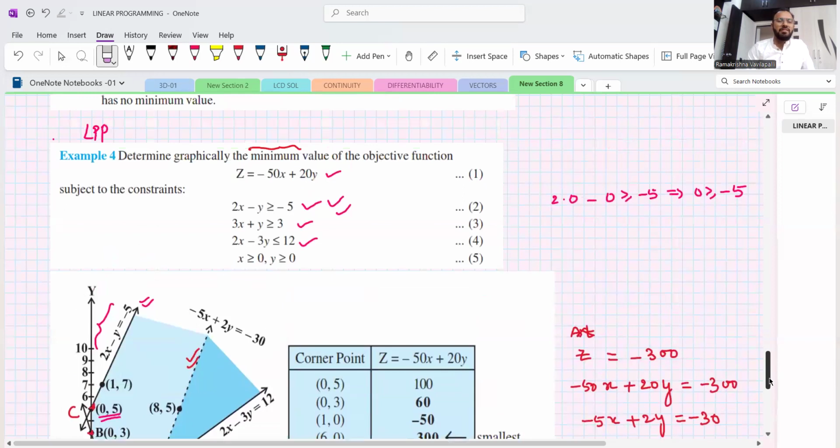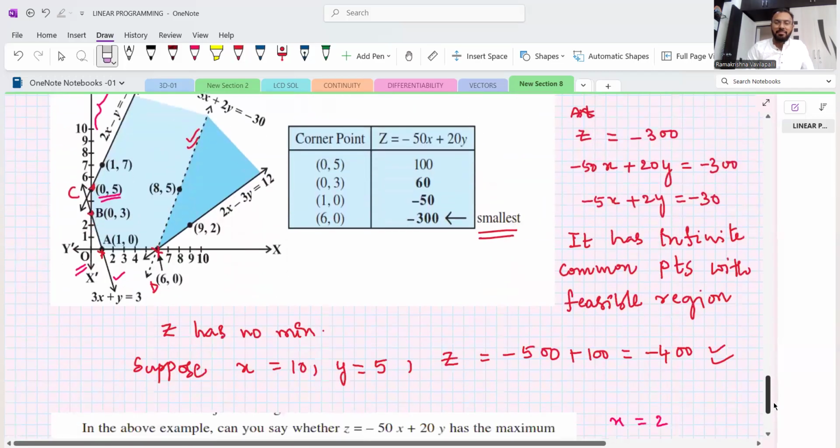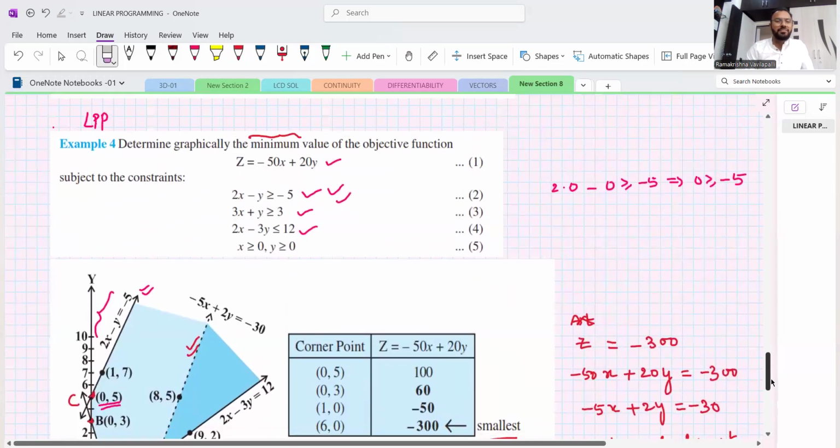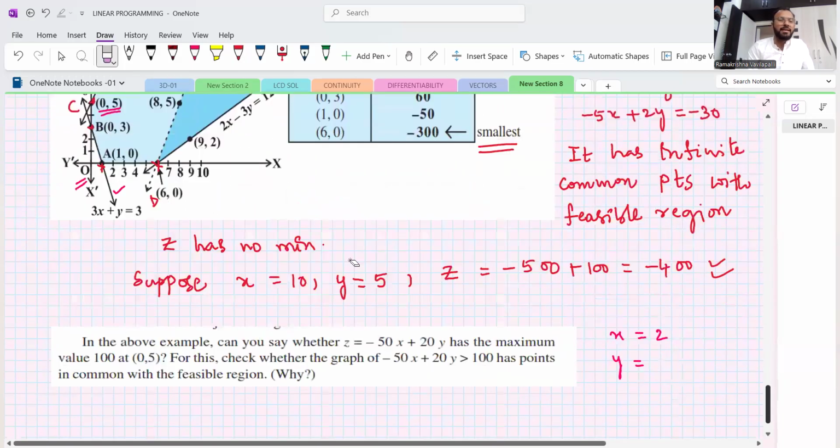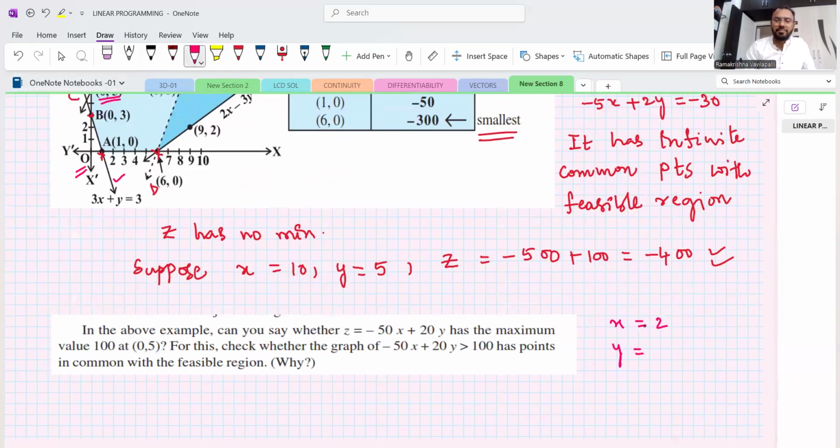I can take x equal to 2 and y is equal to something like 8.